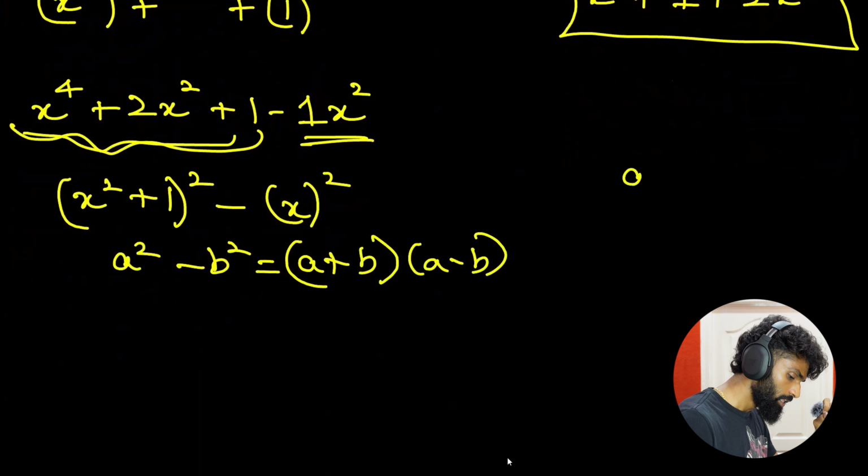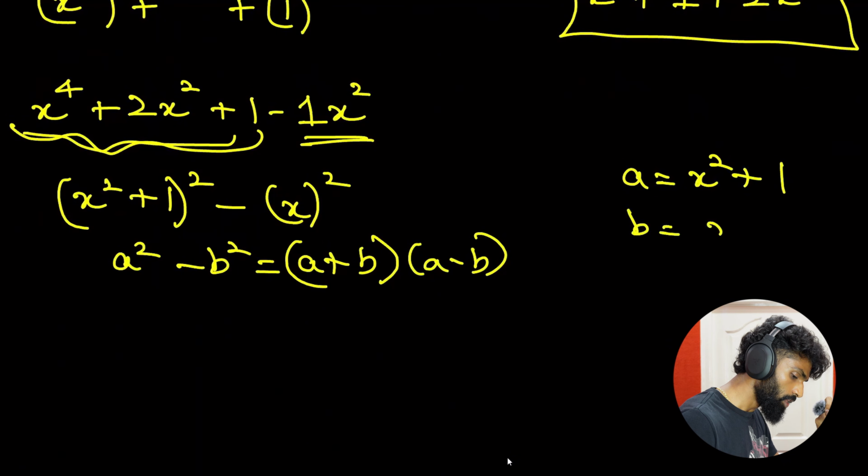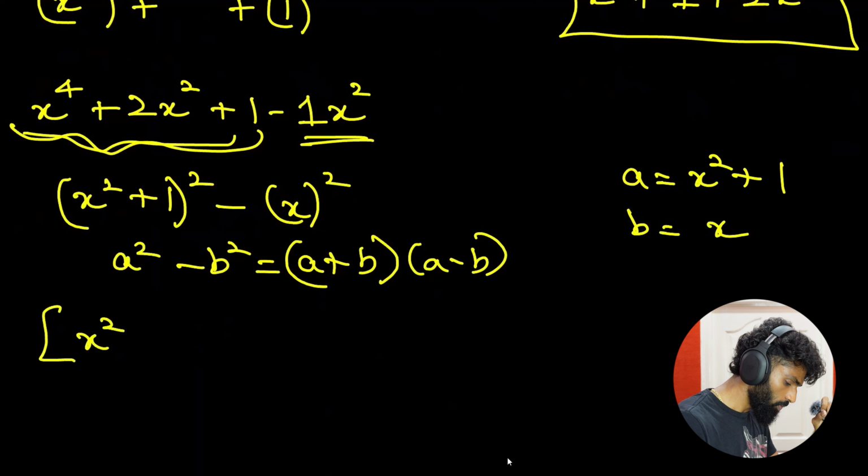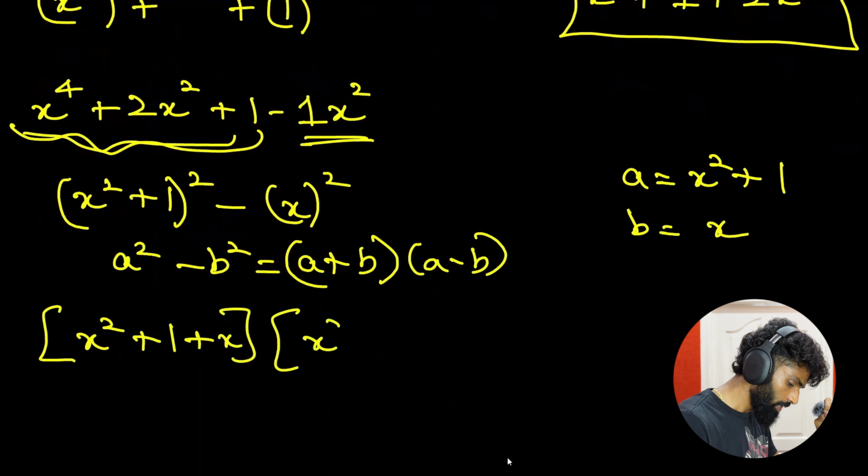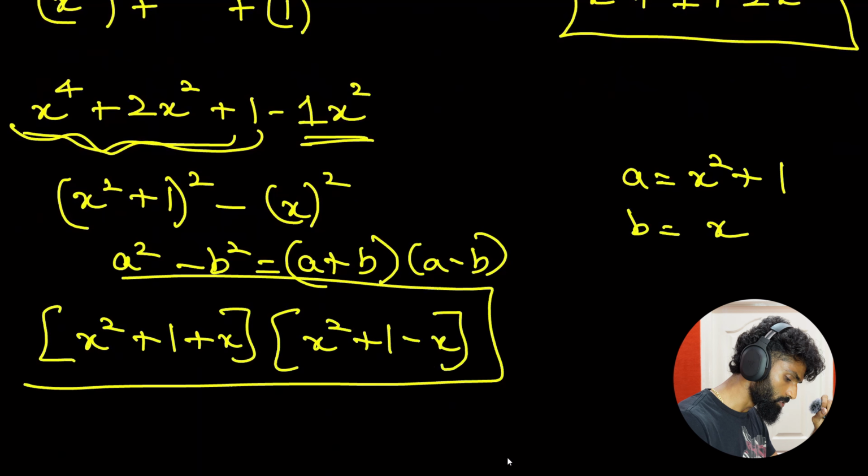In this question, the value of a is x square plus 1. The value of b is just x. I'll apply. A plus b is x square plus 1 plus x. Here, x square plus 1 minus x. You can't cancel anything. This will be our answer.